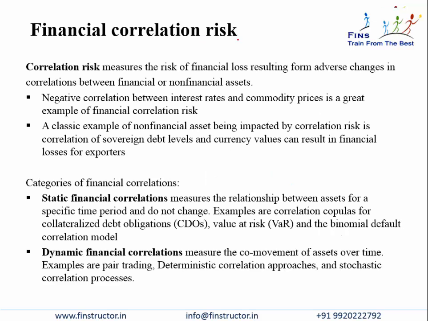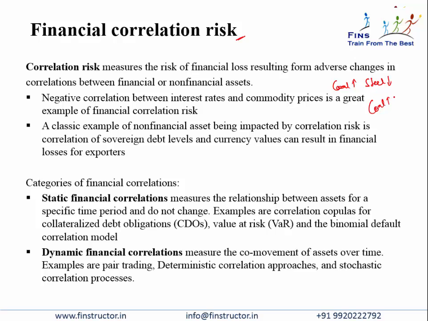Financial correlation risk measures the risk of loss resulting from adverse changes in correlations between financial or non-financial assets. So we've seen that when coal prices go up, steel prices come down, or vice versa. Let's say we've noticed that when coal goes up, steel also goes up.